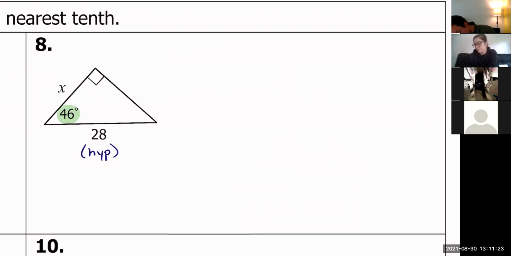That's the adjacent leg. So which trig function? Cosine. So I'm going to set this up. Cosine of the angle. It's always cosine of the angle. So cosine of 46 degrees equals the ratio adjacent over hypotenuse. So I've got x over 28.